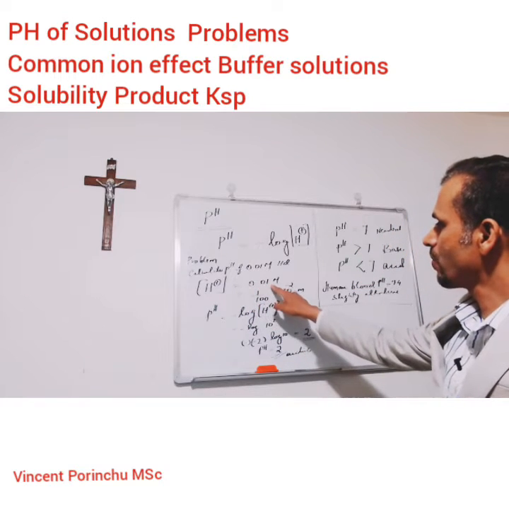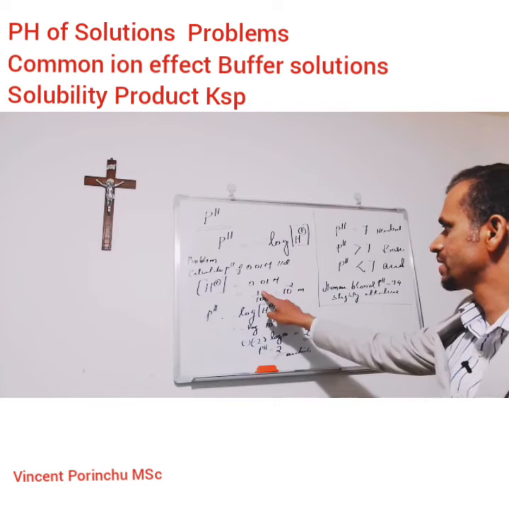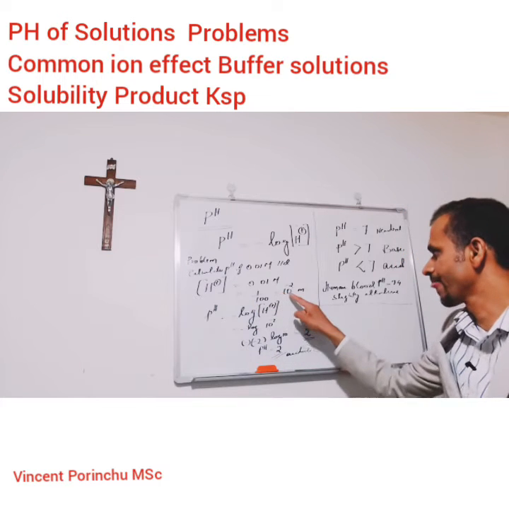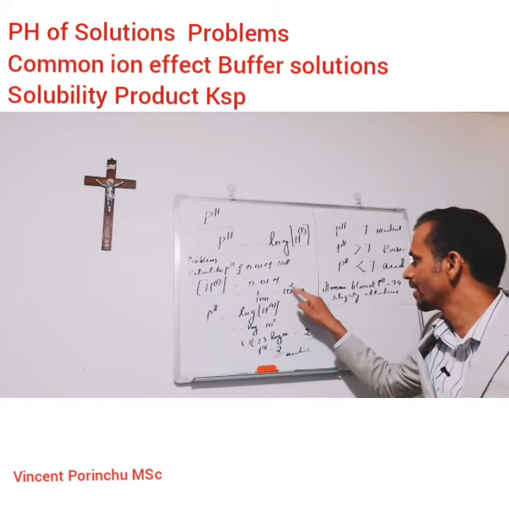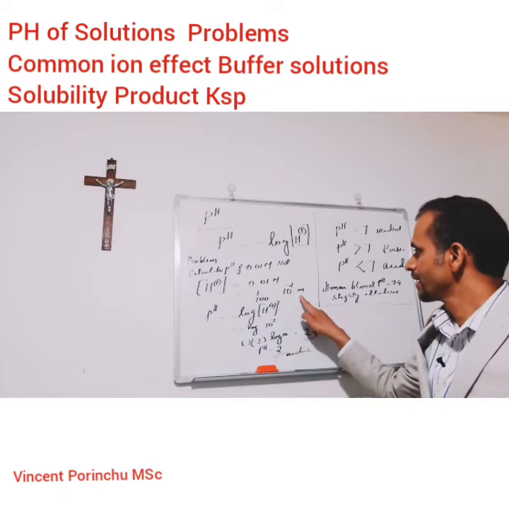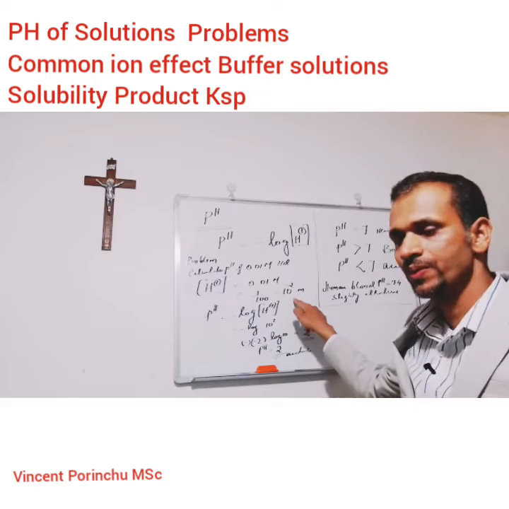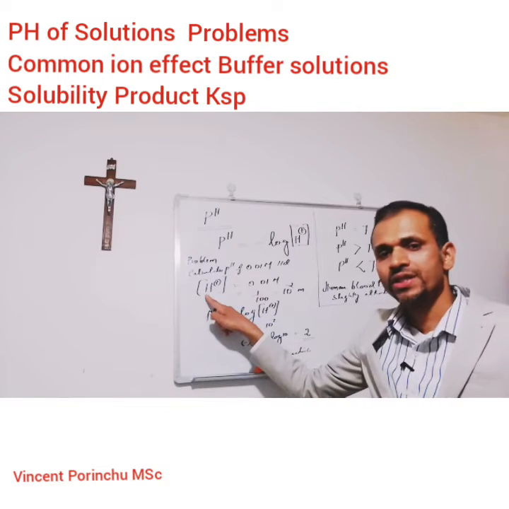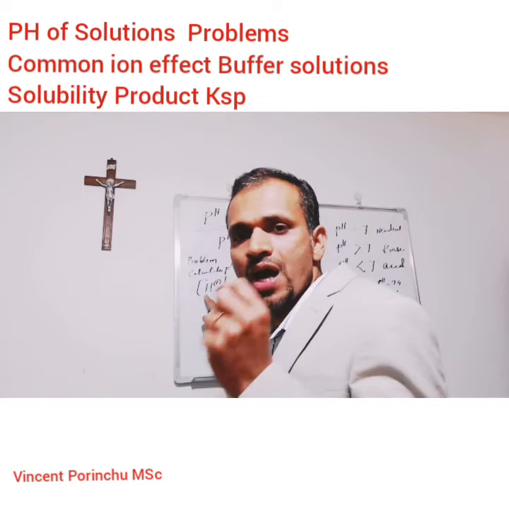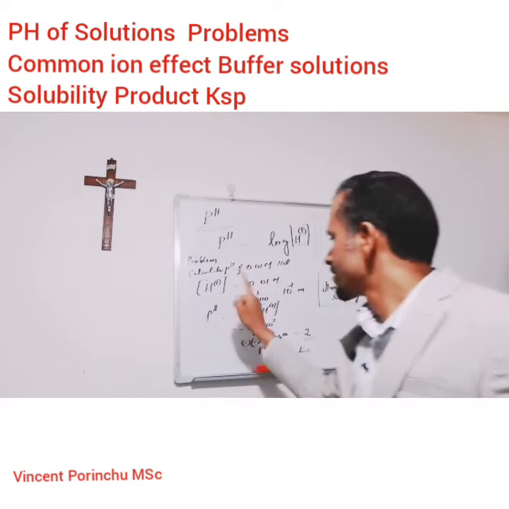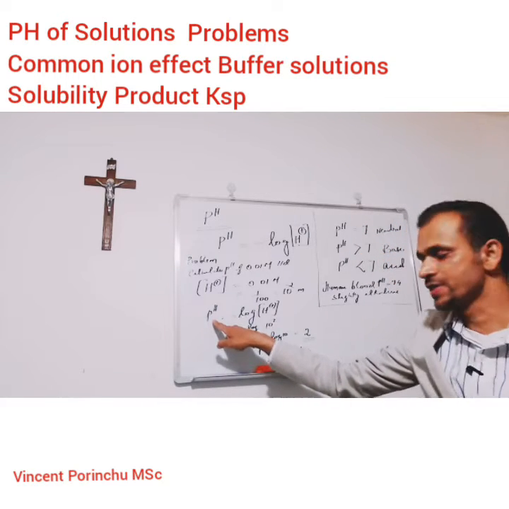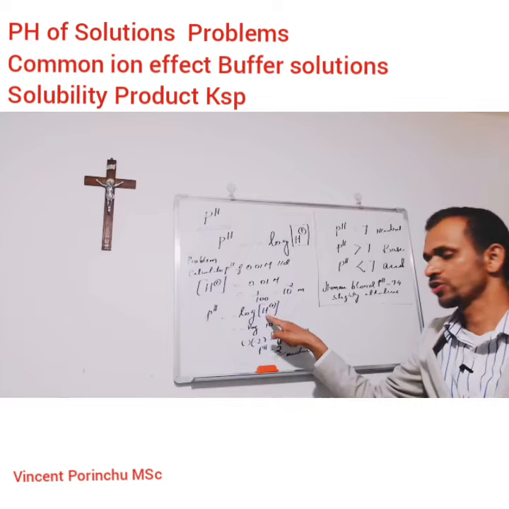So 0.01 means 1 divided by 100, which is equal to 10 raised to minus 2 molar. So 10 raised to minus 2 is the concentration of H positive ions in that solution. According to our equation, pH is equal to minus logarithm of H positive ion concentration.